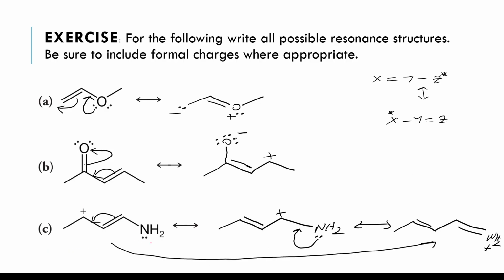So basically, you can shift first the lone pair on nitrogen as a pi bond, then the second pi bond should shift to the next position, and you can end up with the last resonance form just by adding two arrows.